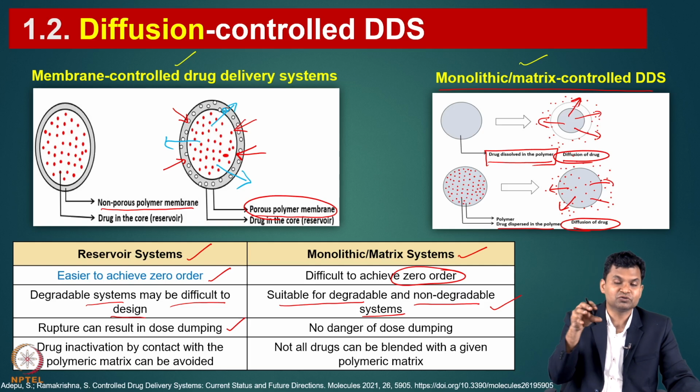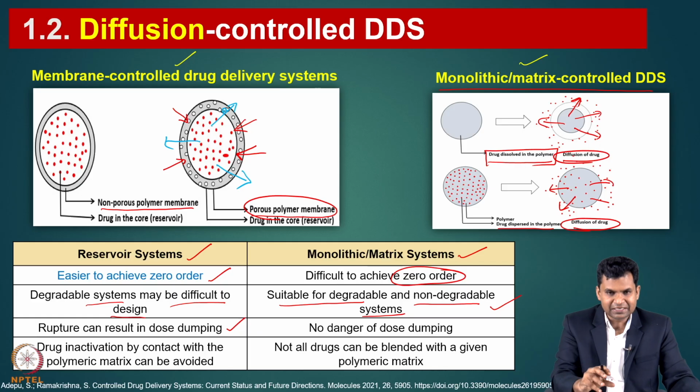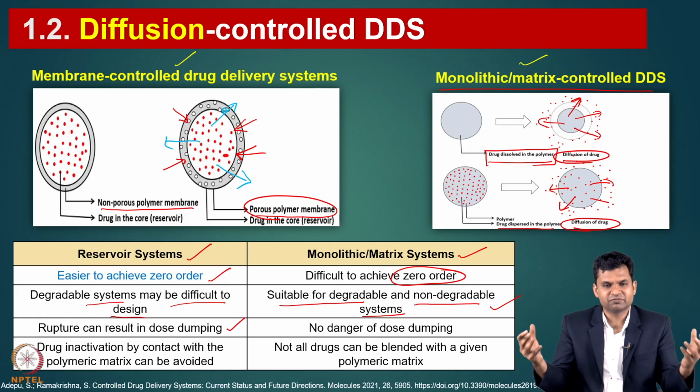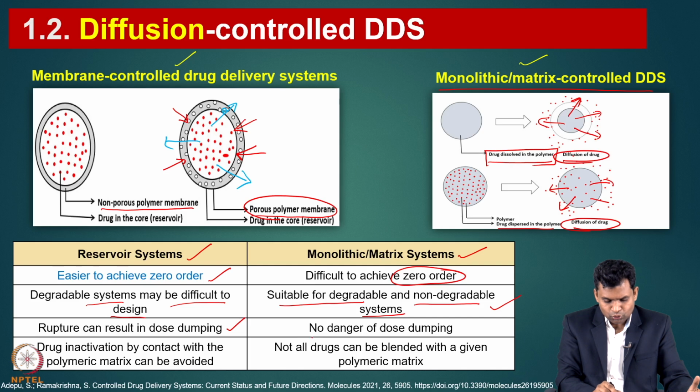If any changes happen to your dosage form in the body, your entire drug, the full amount of the drug, will come out from the system, which is called dose dumping. That leads to a lot of side effects, and it will not show the right release and right action in the body. In such cases we need to perform various optimization steps, and here also there is no danger of dose dumping.